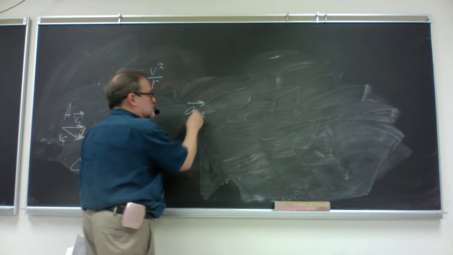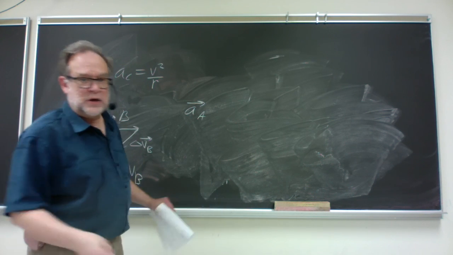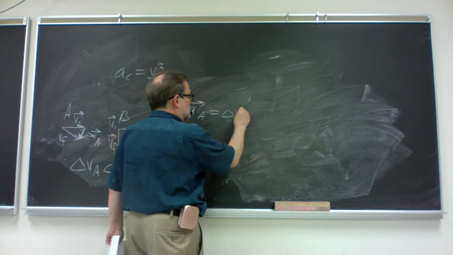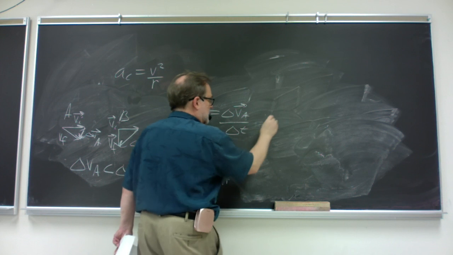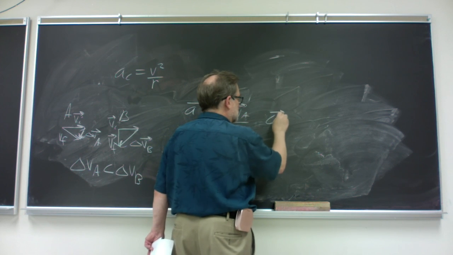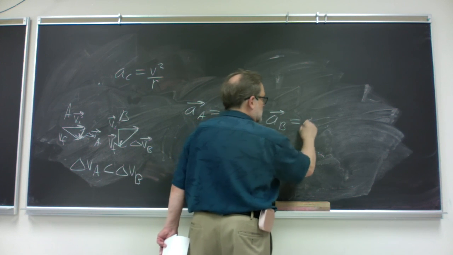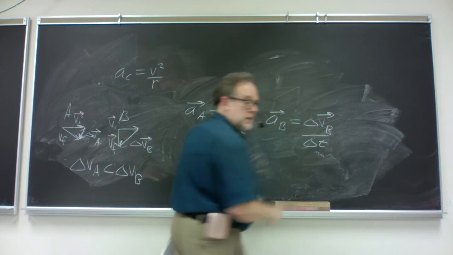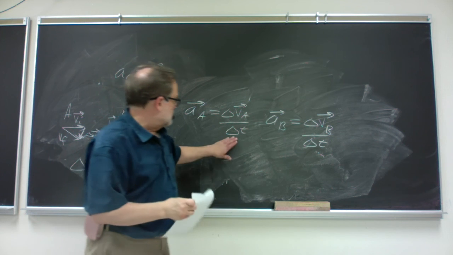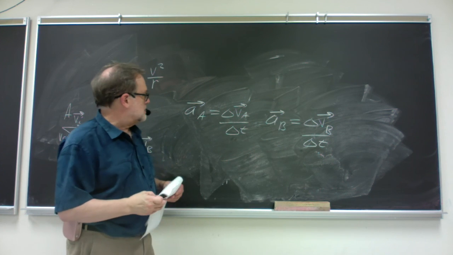The rate of change of A's velocity is just A's acceleration, which is change in velocity over the amount of time you spend watching, and then B's acceleration is the change in B's velocity divided by the time you spend watching, and it's the same amount of time you spend watching in both cases.